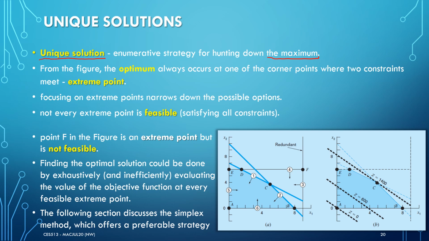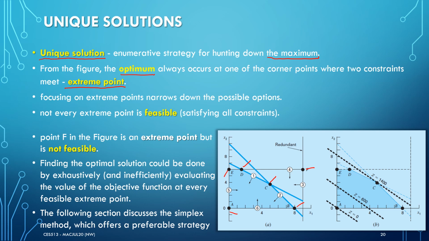From the figure, it should be clear that the optimum always occurs at one of the corner points where two constraints meet. This is called an extreme point.